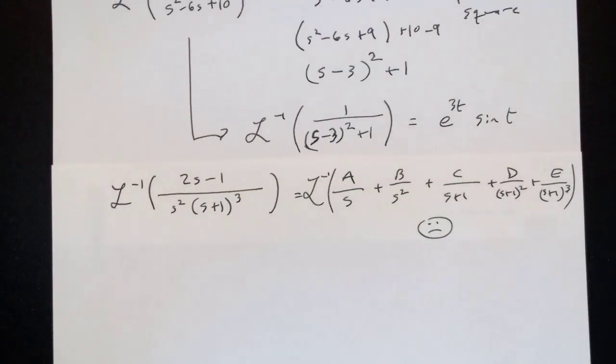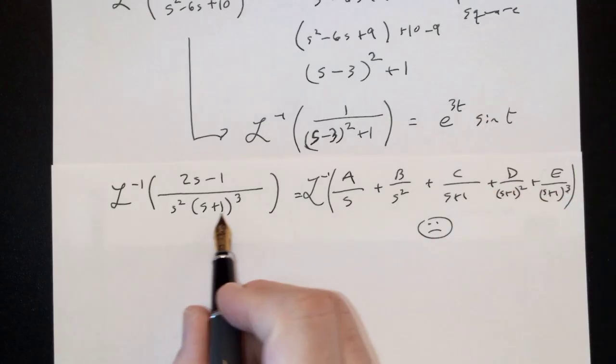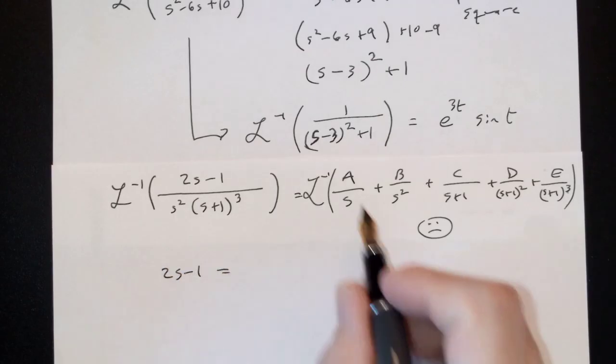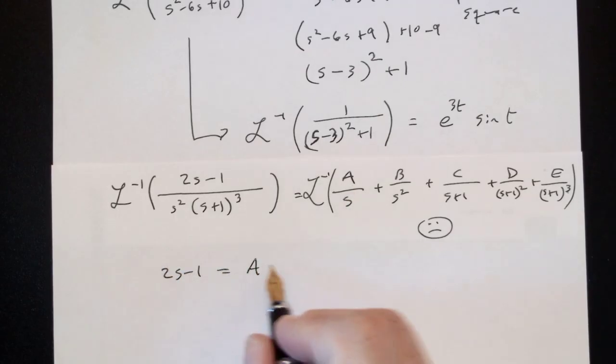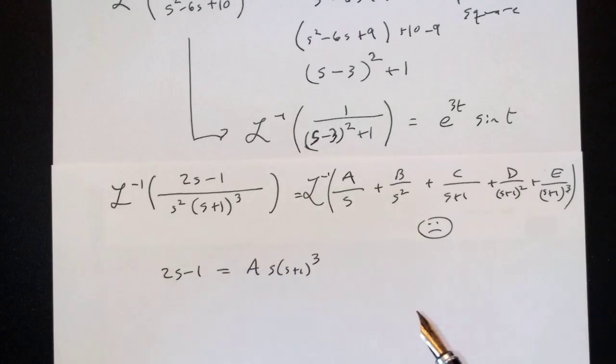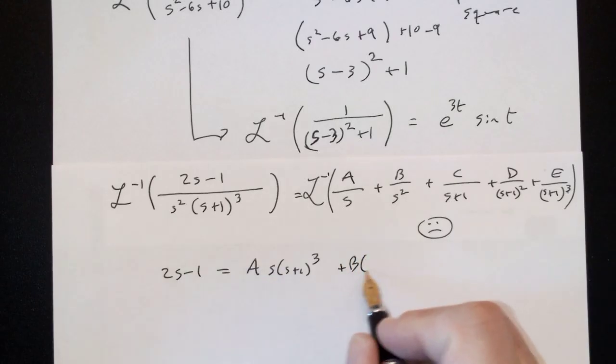Ready? I'm going to cross multiply by all of my common denominators. So I multiply by this on both sides. I get 2s minus 1 equals A(s plus 1) cubed, because the s would cancel. Then I'd get B(s plus 1) cubed.